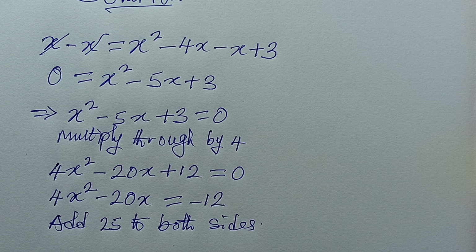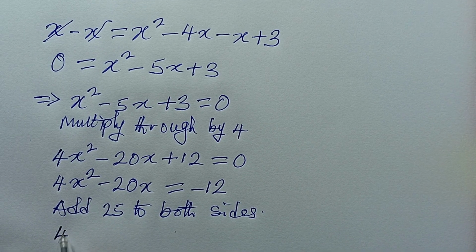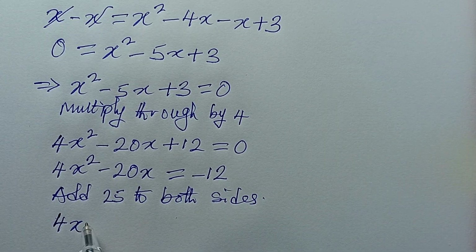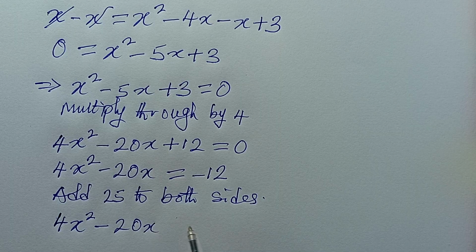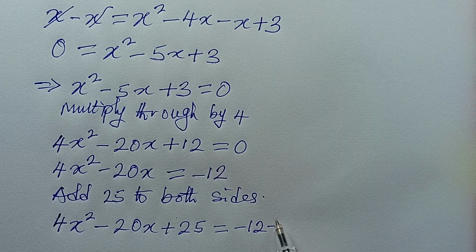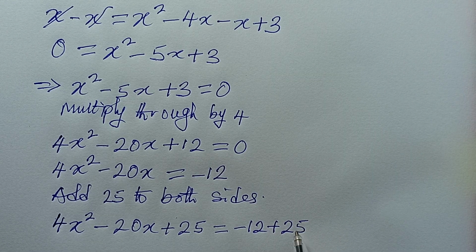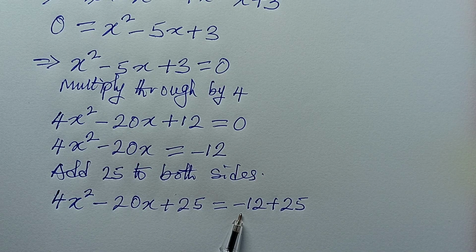Okay, so we want to add 25 to both sides. So this is going to give us 4x to the power of 2, then minus 20x, then plus 25 is equal to minus 12 plus 25. Now, on this side of the equation, minus 12 plus 25 will give us positive 13.